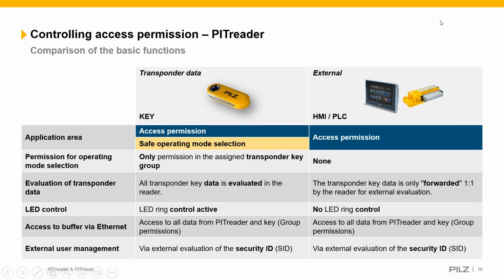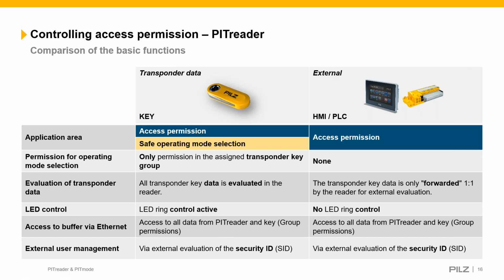So, comparisons of the basic functions, if we look at the transponder data, the key, and the HMI PLC. External user management, via external evaluation of the security ID, is for both. Access to the buffer is via Ethernet, so access to all data from the PIC reader, and key group permissions, is applicable to both.